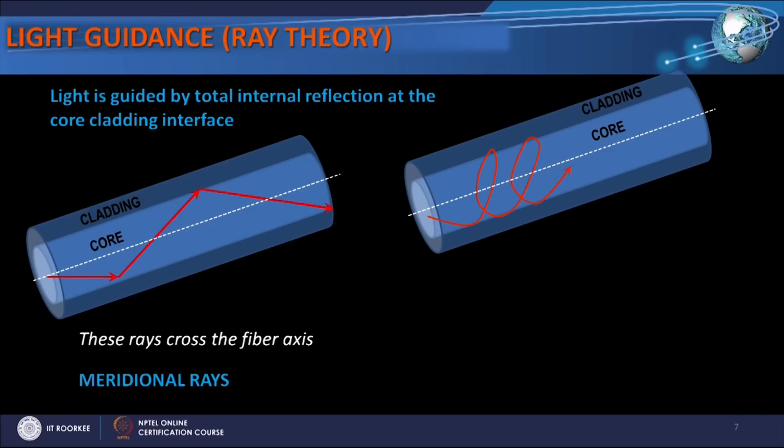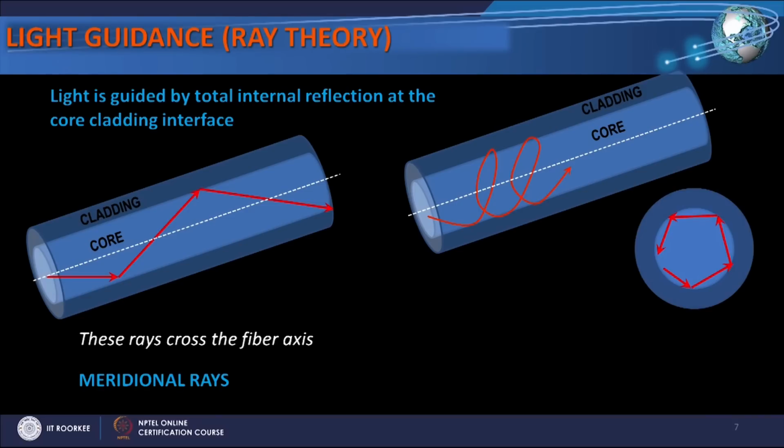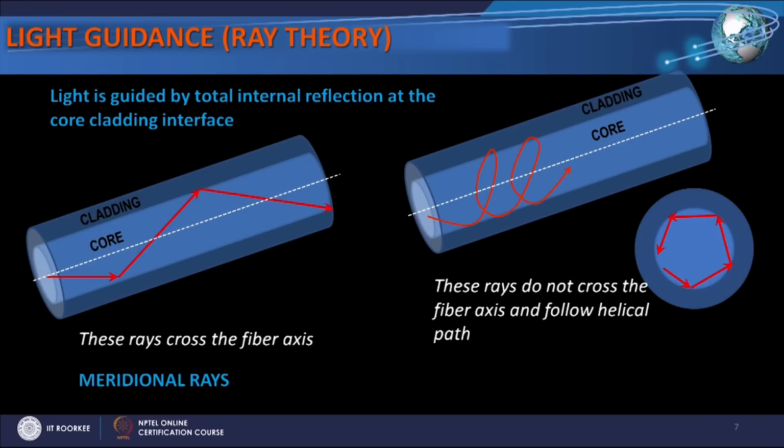This would be clear when we see the transverse cross section of the fiber. So, if I look at the transverse cross section, these rays go like this, and they never cross the axis. So, these rays are known as skew rays. So, light guidance takes place via meridional rays as well as skew rays in an optical fiber.